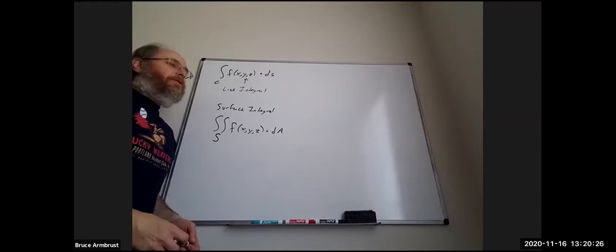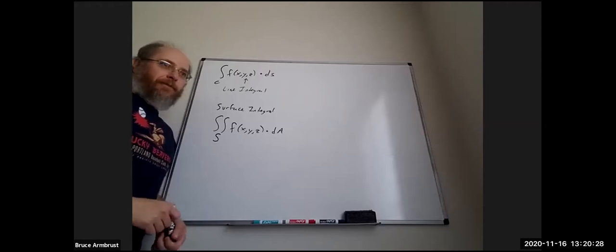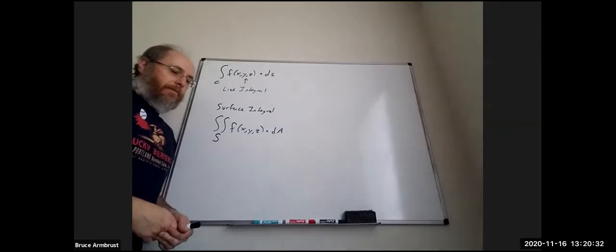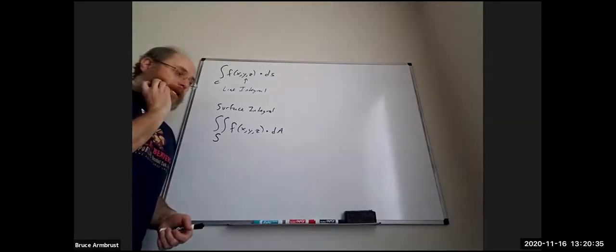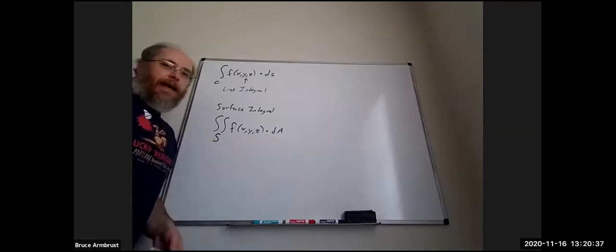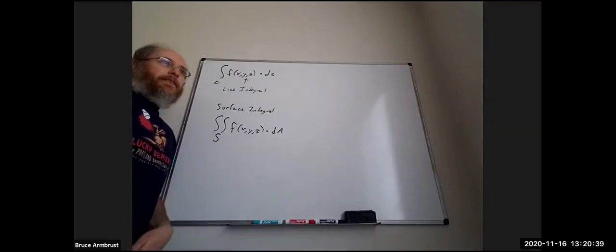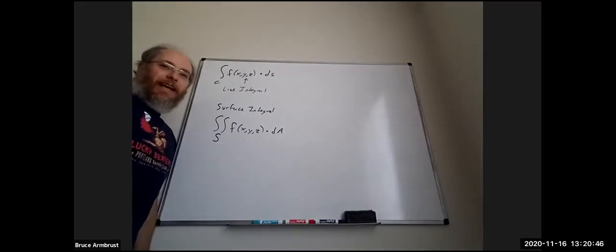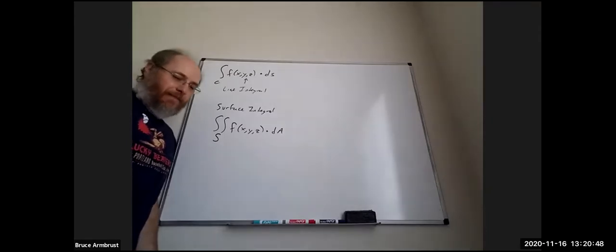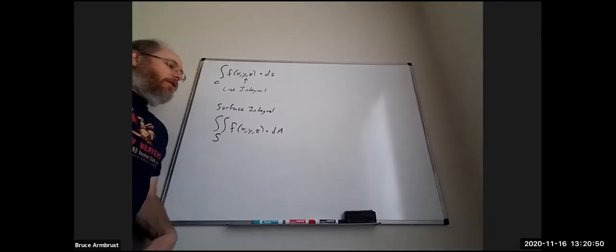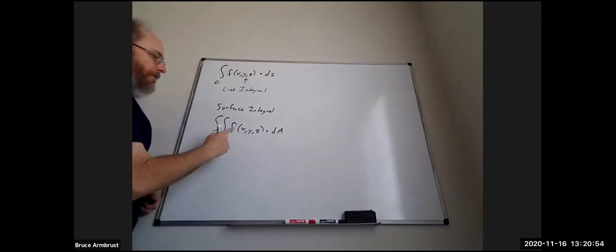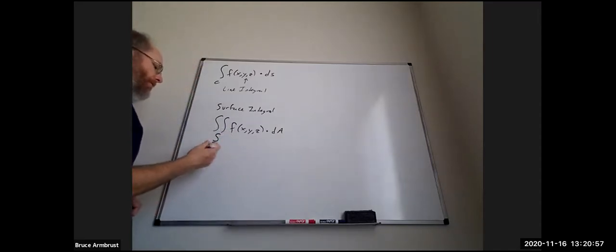We had to turn it into something that wasn't the arc length parameter because that was a little bit difficult and kind of bulky. Well, the same kind of deal is going to happen here with the surface area parameter, and no, it's not going to work out for us. So we're going to do exactly the same thing that we did before, which is we're going to parameterize the surface. So let me just go ahead and put this here.